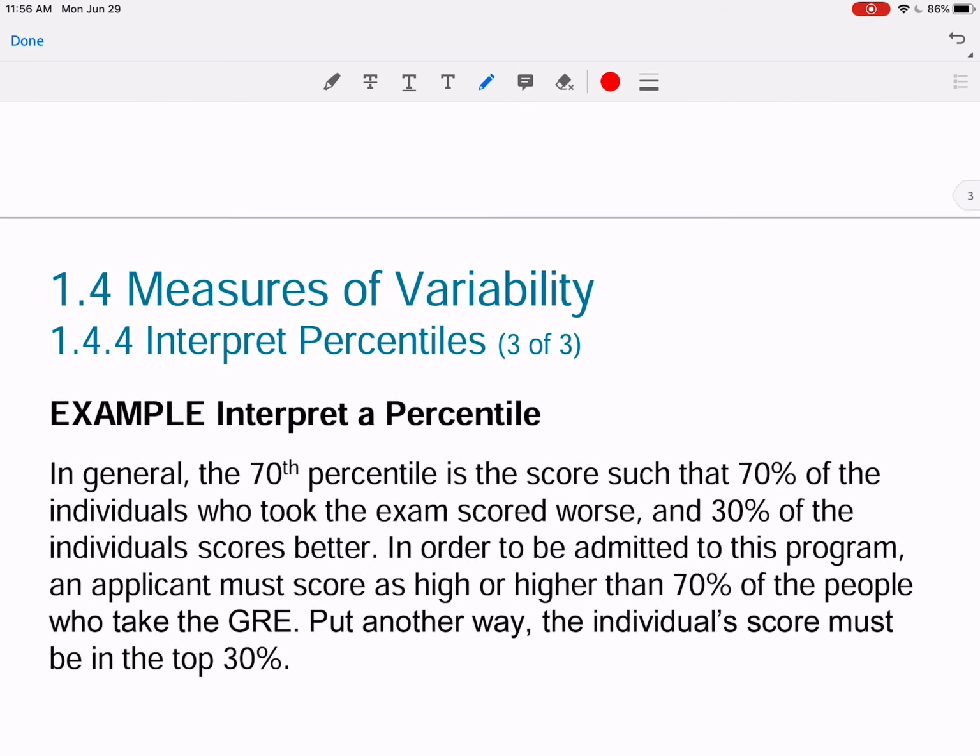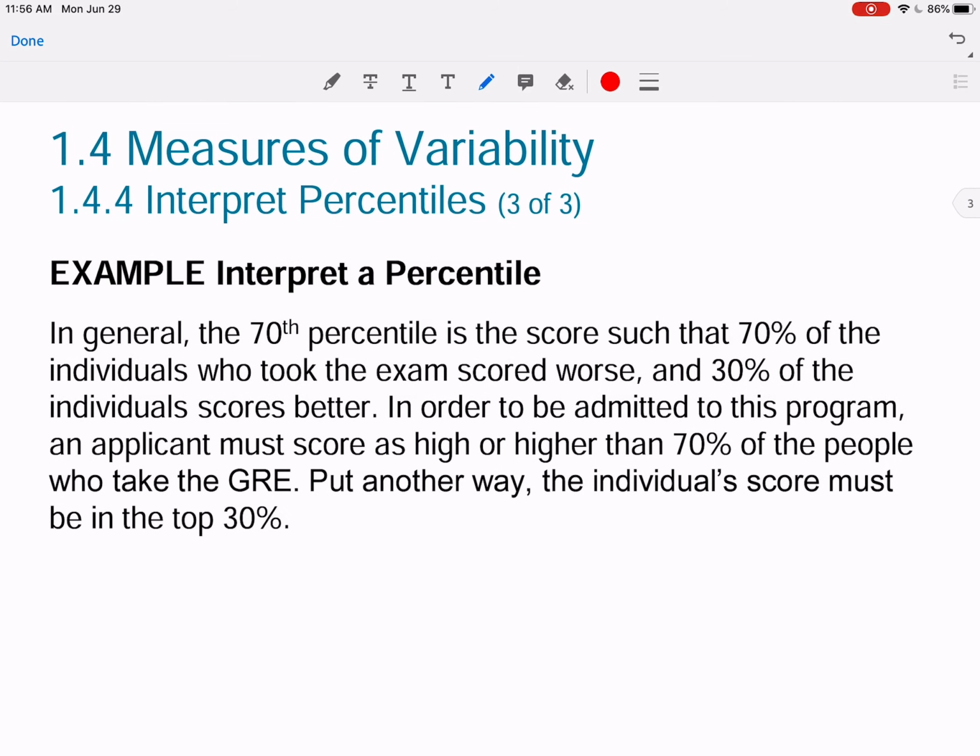Now let's take a look at the exact interpretation here. In general, the 70th percentile is the score such that 70% of the individuals who took the exam scored worse, and 30% of the individuals scored better. That's coming from the definition of the 70th percentile.